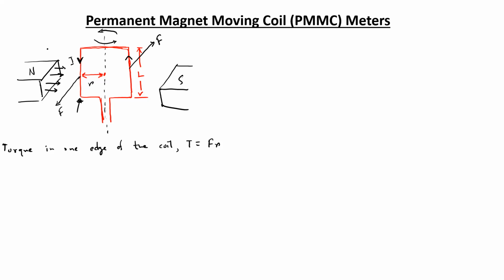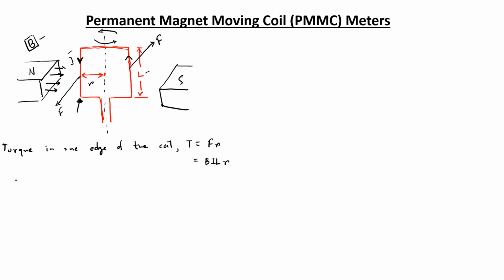Now here, if B is indicating the magnetic flux density, then in terms of magnetic flux density, the current I and the length of the coil L, the force can be represented as B into I into L, and the torque as B I L into R. So this is for one edge of the coil.